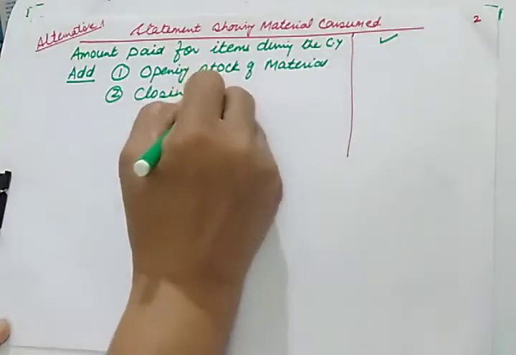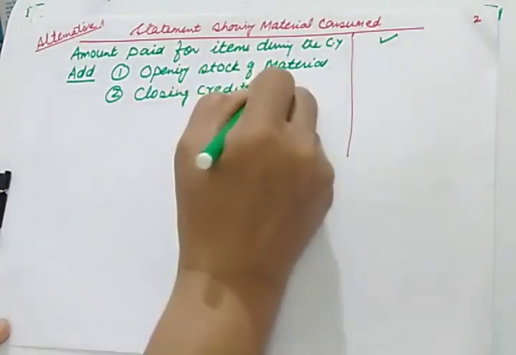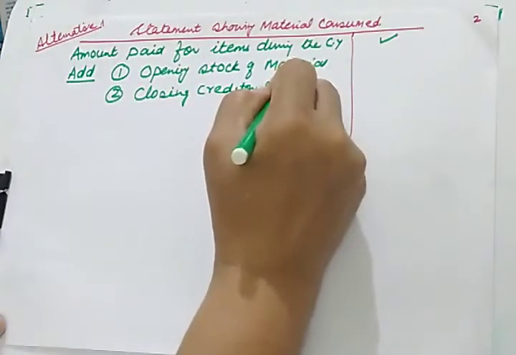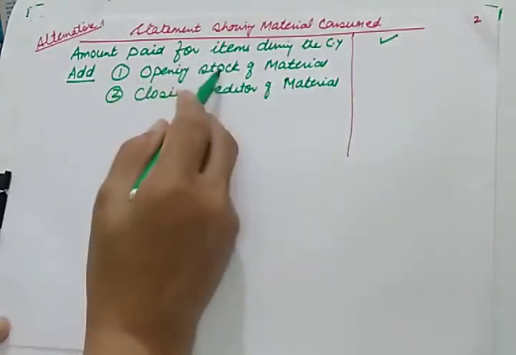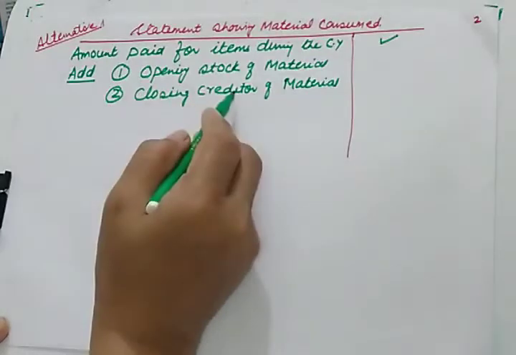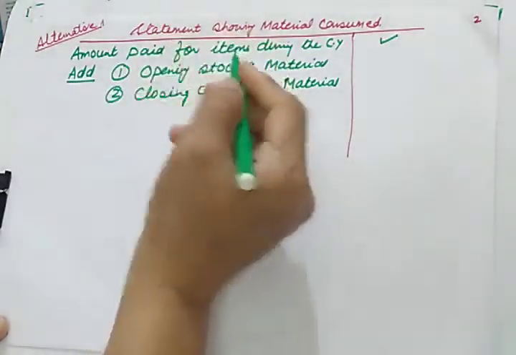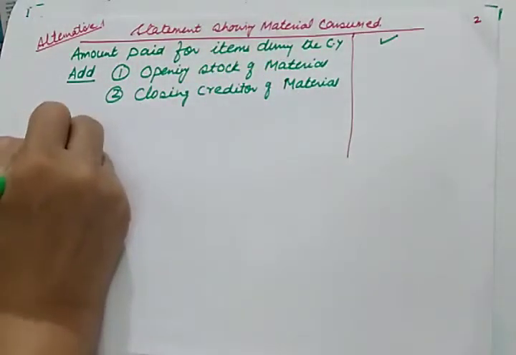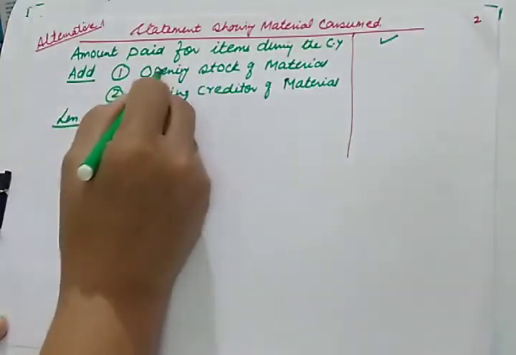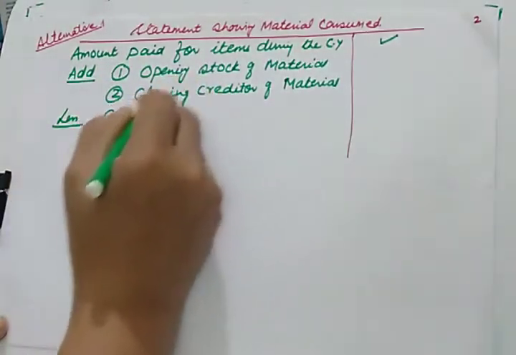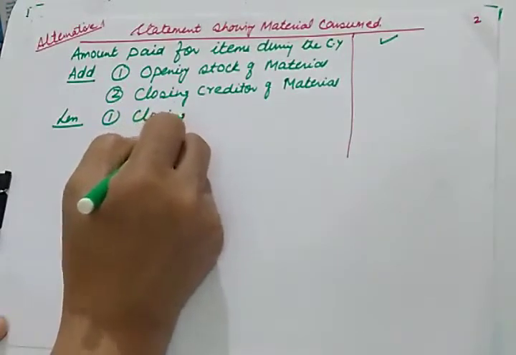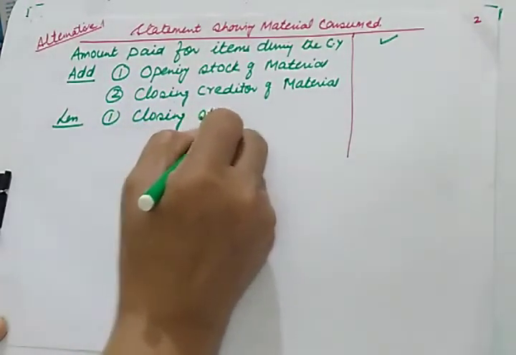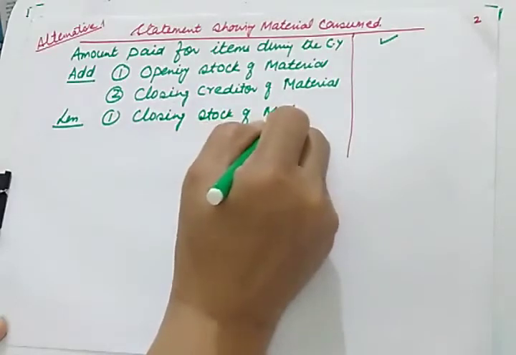Closing creditors will be added. So opening stock will be added and closing creditors will be added. And in this we'll be deducting just the opposite of these two. Opposite of these two will be opening creditors and closing stock. So closing stock of material will be deducted.